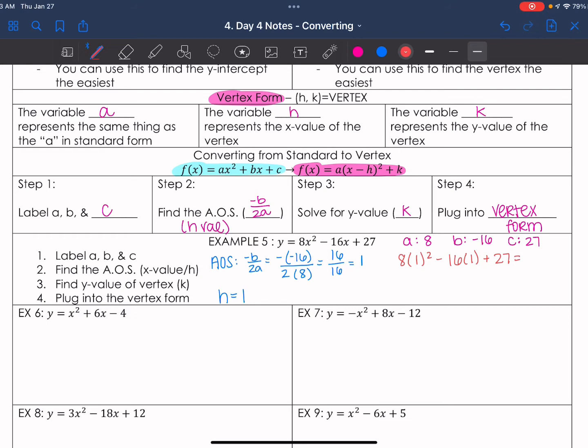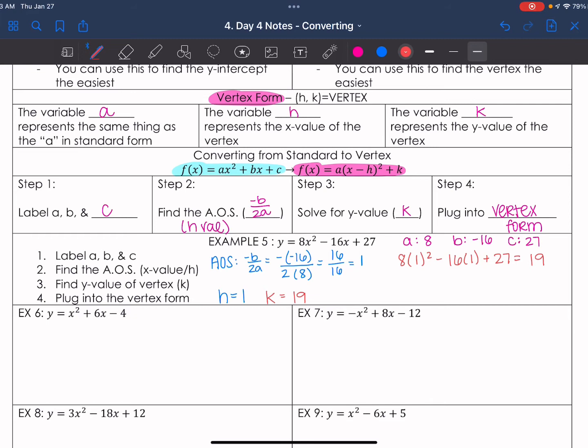You'll type that into your calculator exactly as you see it, and it's going to give you a k value of 19. So my k value is 19. Remember, that's also the y value of my vertex.